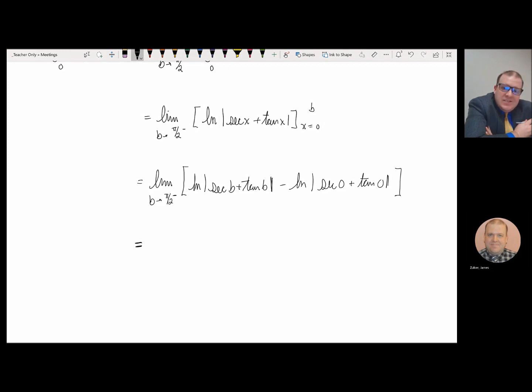So goes to infinity. This is zero. Negative infinity. Pi over 2 from the left. Oh no! I'm approaching the wrong way. I was going from the right. Yeah, infinity.